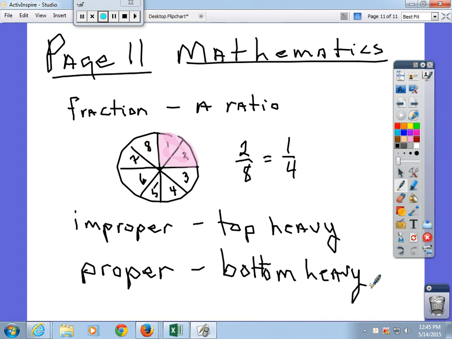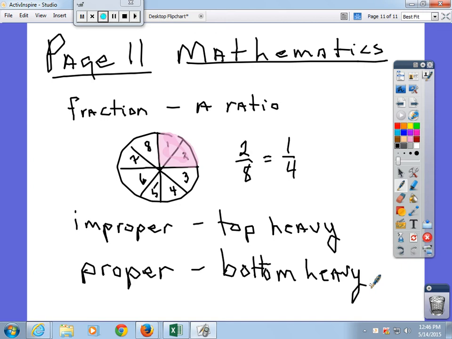What is a mixed number? A mixed number is only used for units of measurement. It's not even a fraction, I guess you could call it a fraction. But a mixed number is only used when you've got feet, inches, pounds, cups.